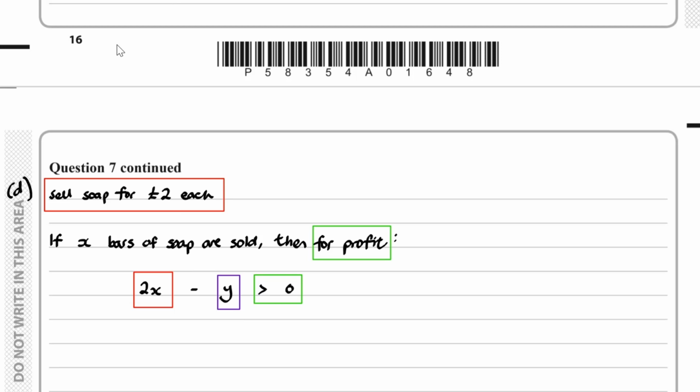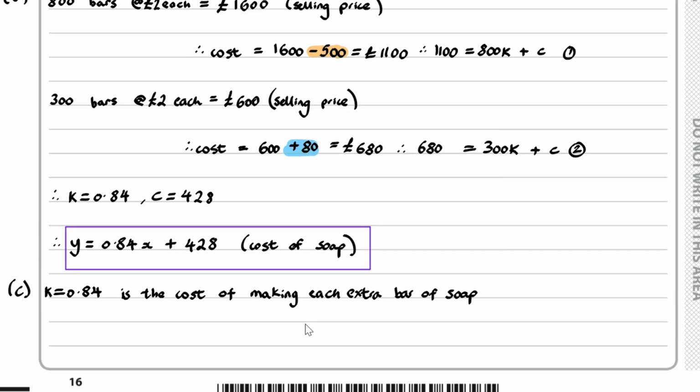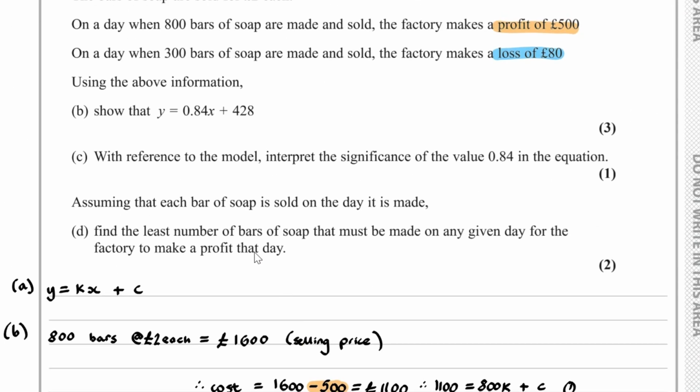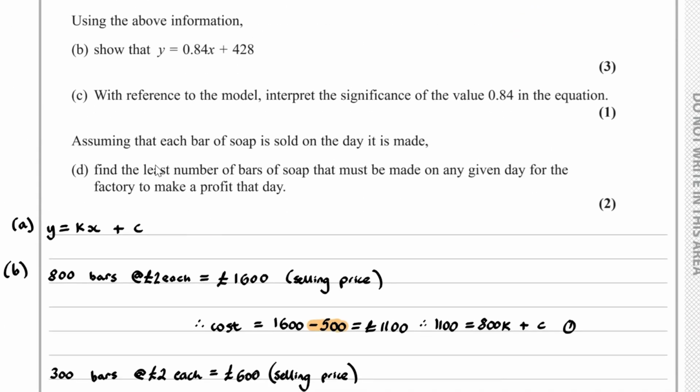Hopefully that makes sense. So we have our selling price minus the cost, that must be greater than 0 for us to have a profit. And of course the question says the least number of bars. That suggests to us that we should have some sort of an inequality.